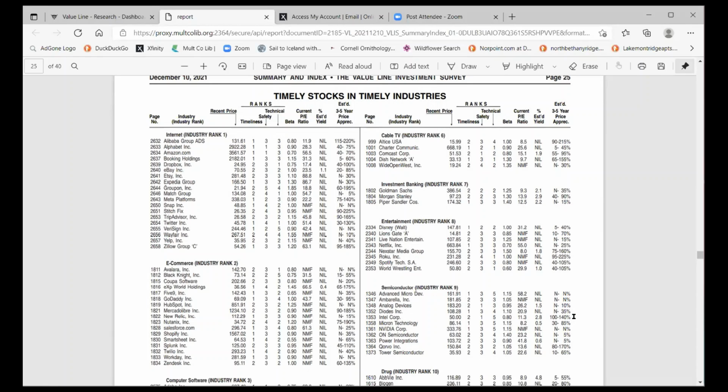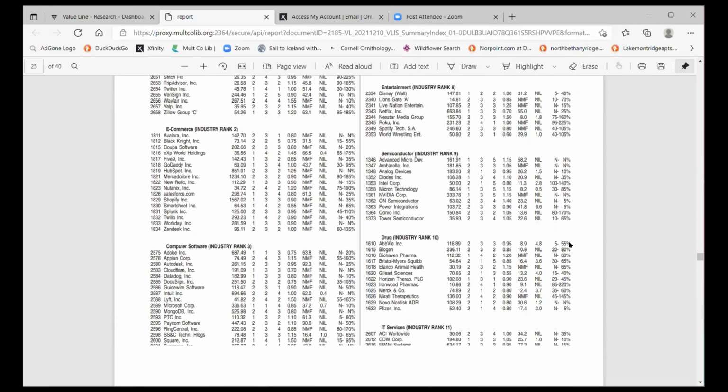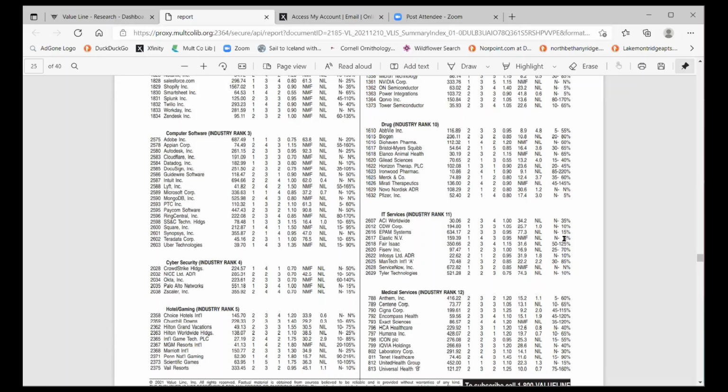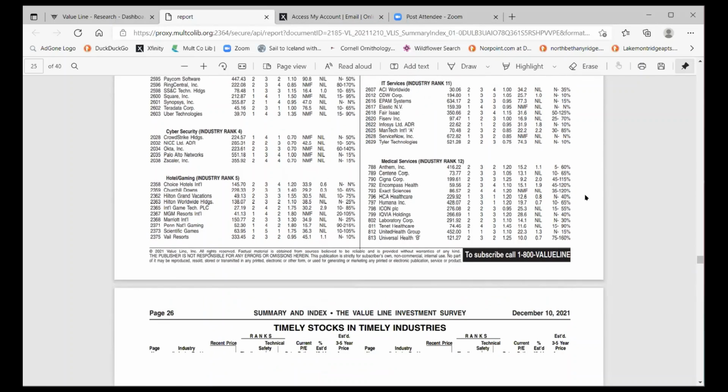Intel is going to grow 100 to 140%, will give you 2.8, etc. So I do just a cursory look through here, and don't be stunned when you don't see a whole lot of mention of income stocks, because the purpose of this list is not income. It is their growth system working. So I'm just looking at when they are going to give me income based on what I'm doing.